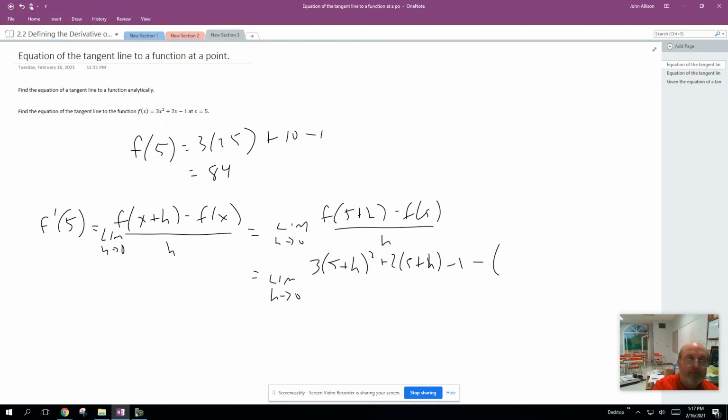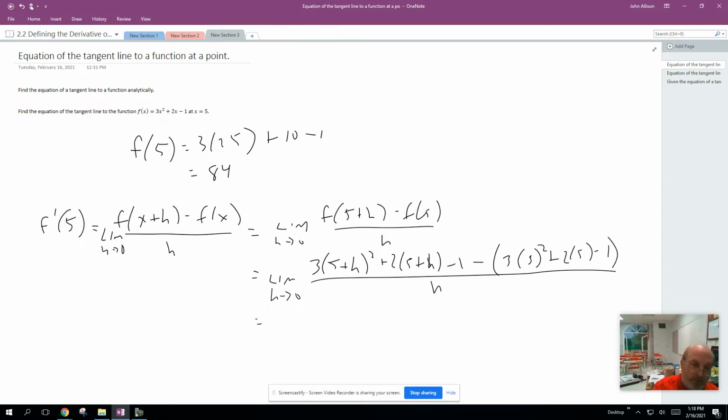And then minus, now f of 5 is 3 times 5 squared plus 2 times 5 minus 1. And that's all over h.